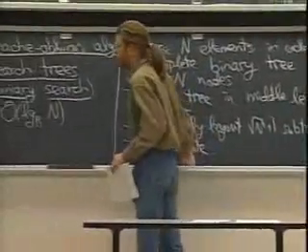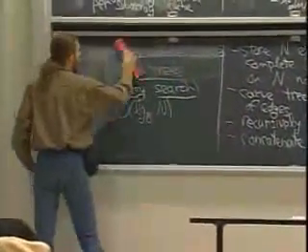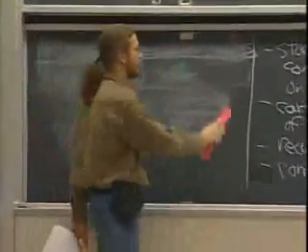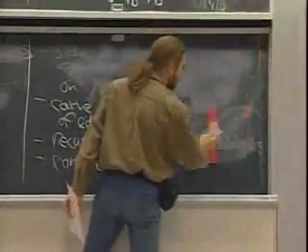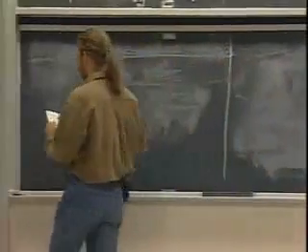I'll start by giving you and analyzing the sorting algorithm, assuming that we know how to do merge in a particular bound. Then we'll do the merge. The merge is the hard part.